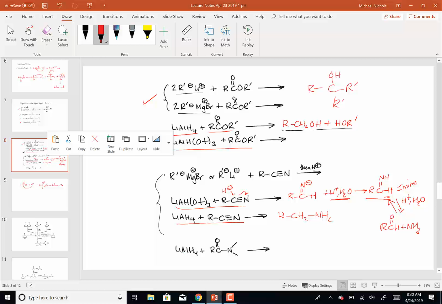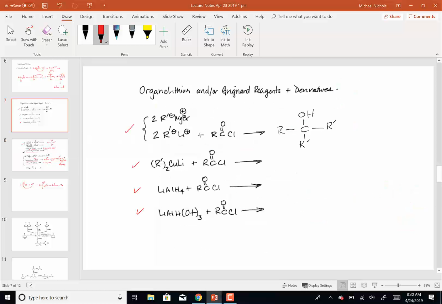Going back, when I add the cuprate to the acid chloride, what functional group did I get? That's a little bit more recent.